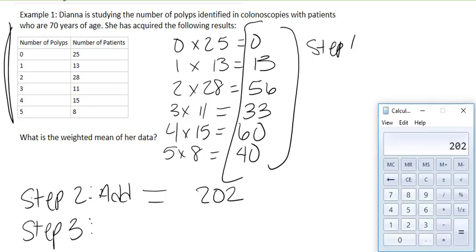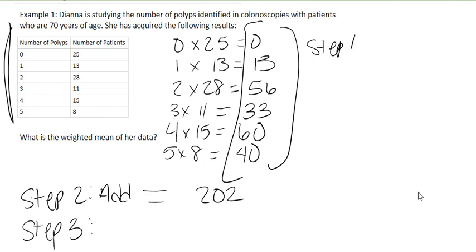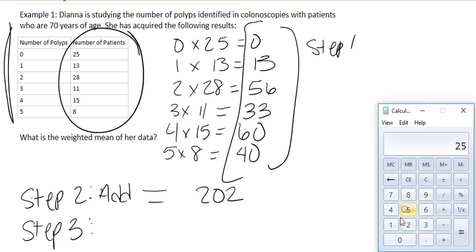So, getting out our calculator. So here's step 3. We look at this column. So we have 25 plus 13 plus 28 plus 11 plus 15 plus 8, which is equal to 100.